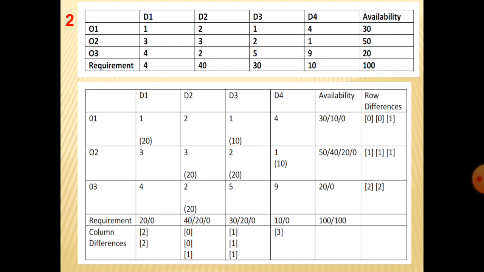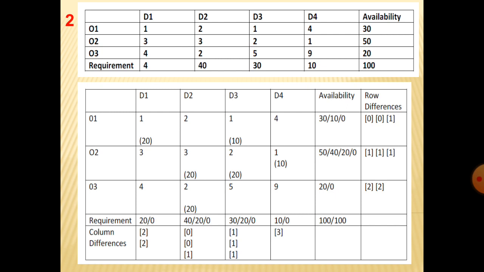Which is the highest? Here in this problem, you see the penalties. Row difference and column difference are also called penalties. Note that point. In the second penalties, in the third row we got penalty 2.